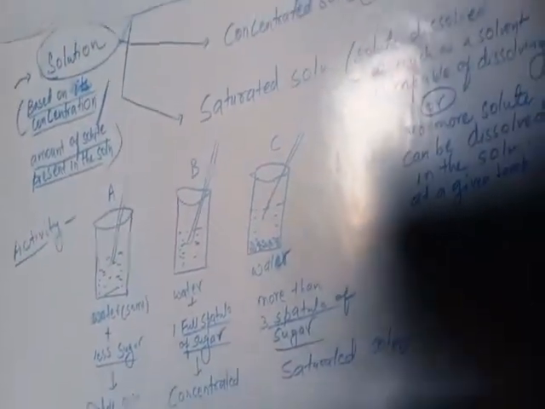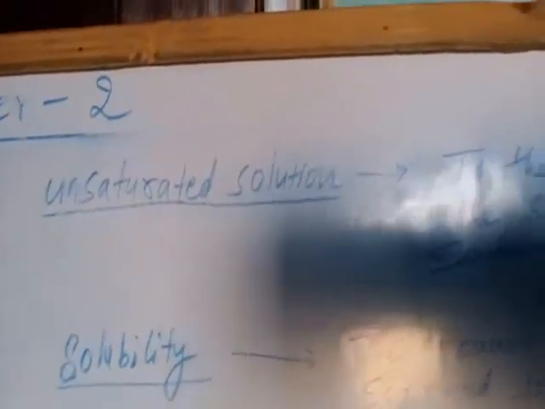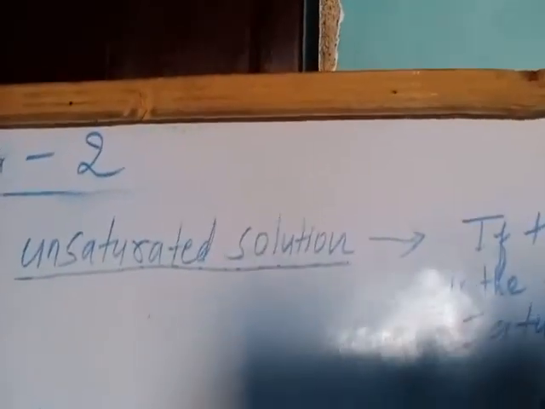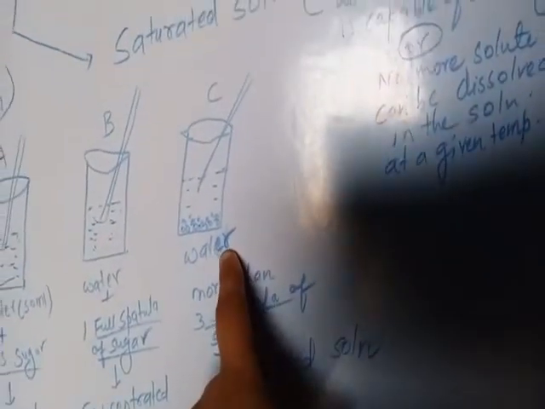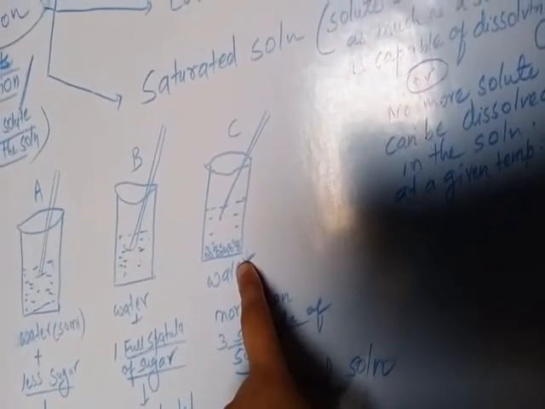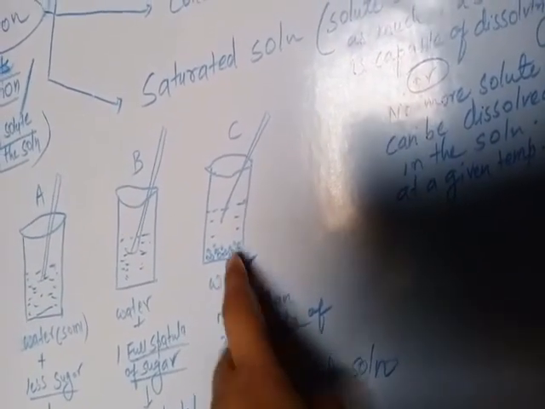Okay. Now you have one more term to study, that is the unsaturated solution. How will we define an unsaturated solution? Here we saw that the solvent was capable of dissolving 3 spatulas of sugar particles in it.